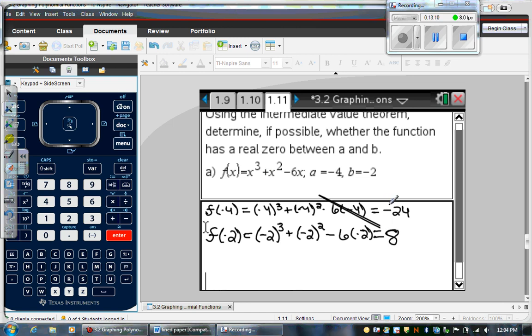Okay. So since this has a negative and this is positive, that means we are going to have a real zero in between negative 4 and negative 2. So in between here and here, negative 4 and negative 2, this is going to cross somewhere. All right, that's what that means.